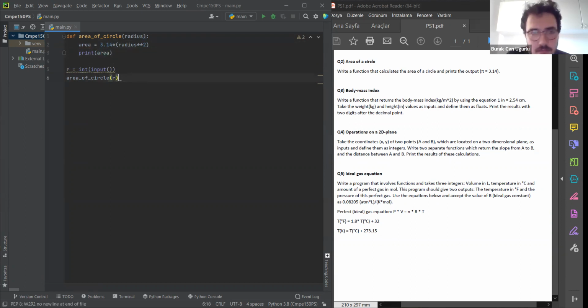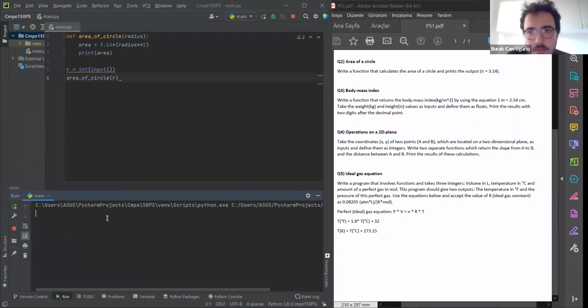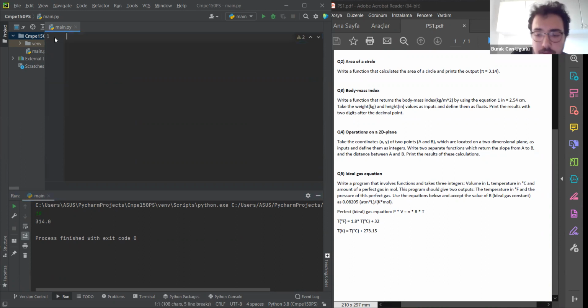So let us run this. For example, we can put a radius 10, and it gives us, as you can see, pi 3.14 times 100, which is the square of this radius. So this is a basic question, and we can go on with the third question now.